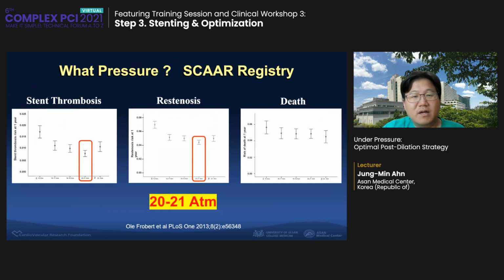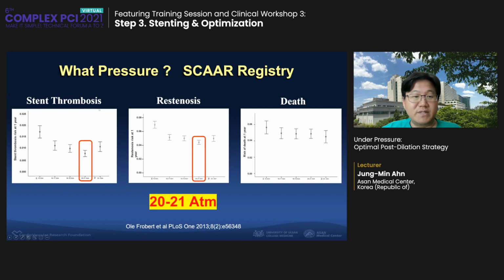On balloon pressure, there is not much data. I found one registry data from the SCAR registry. They divided the patients according to the high pressure post-dilatation balloon pressure: 15, 16, 19, 20, and more than 22.